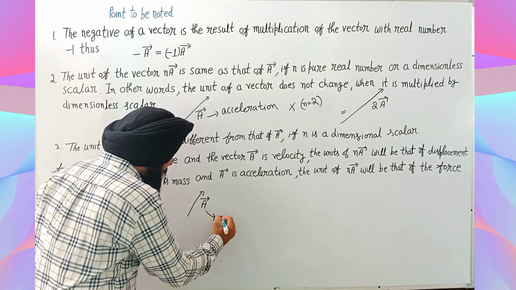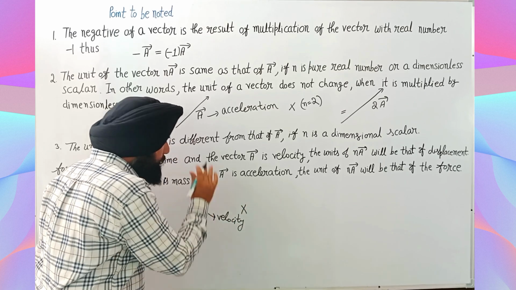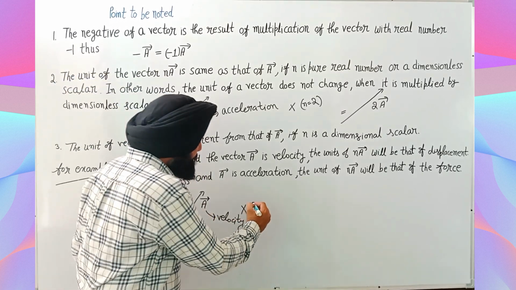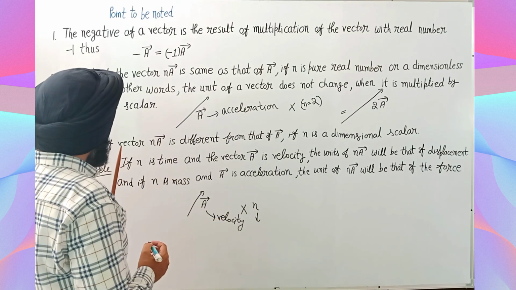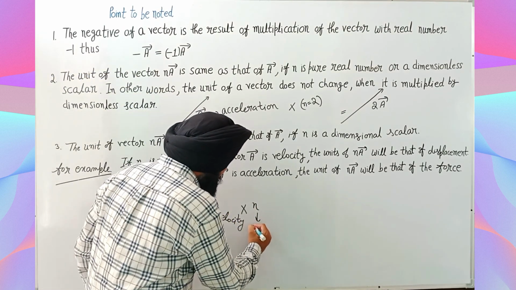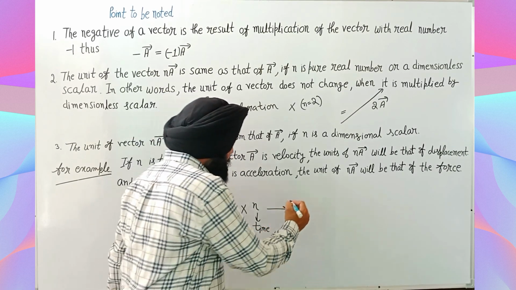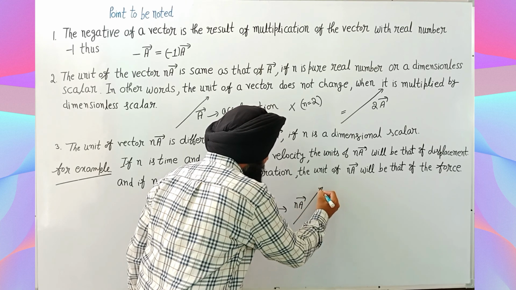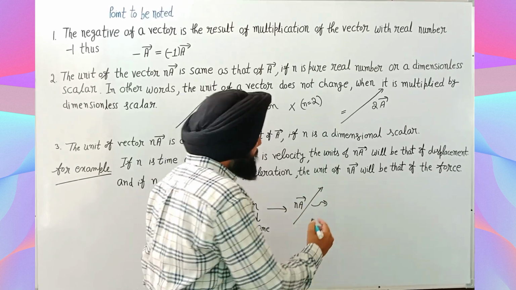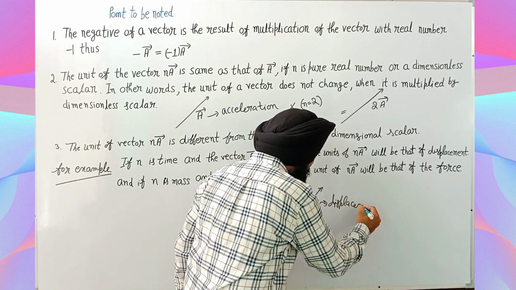It represents velocity. Now, this vector is multiplied by n, which represents time. Now the vector n a, what does it represent? Displacement.